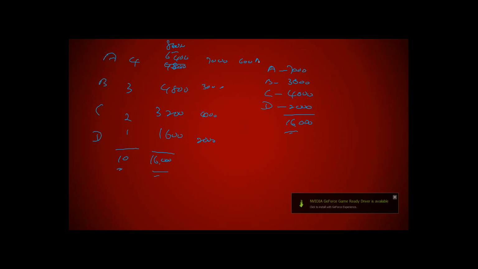And B favorable, 1,800 favorable. And then C, 4,000, adverse 800. And D, 1,600 is the standard, actual is 2,000, so not favorable.